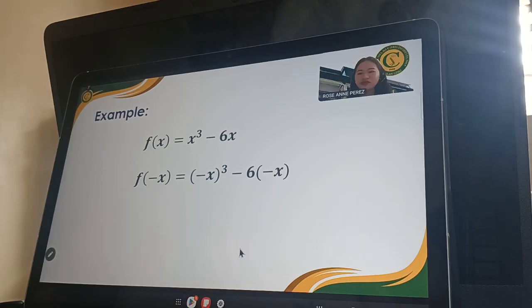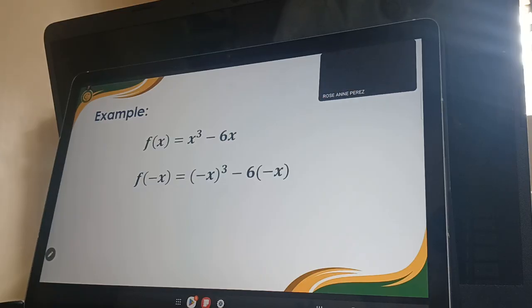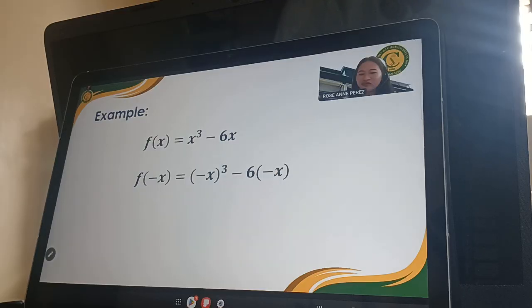Okay, let's call another student. Can I have Kizea Gonzalez? What's the answer? Negative x. Negative x only? What will happen if we're going to multiply a variable with exponents?